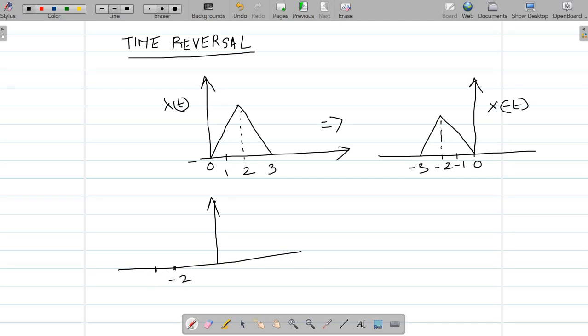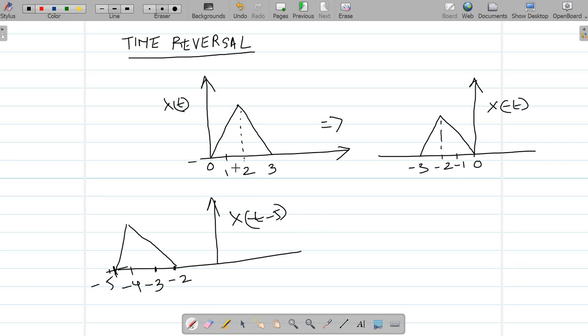This will be negative 2, negative 3, negative 4, and you have negative 5. So the signal, the way I represent this is x of negative t, negative 5.